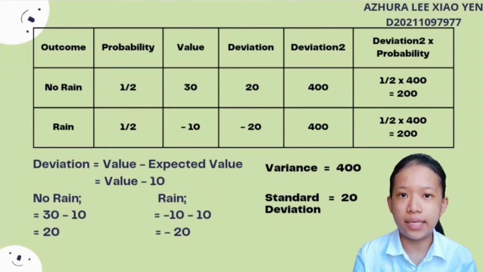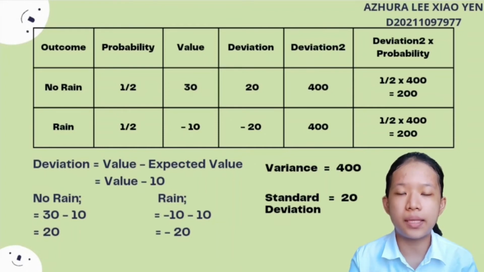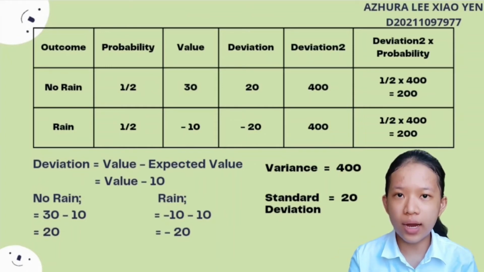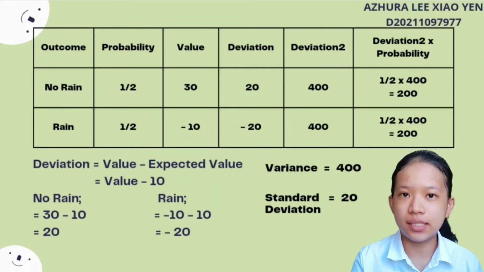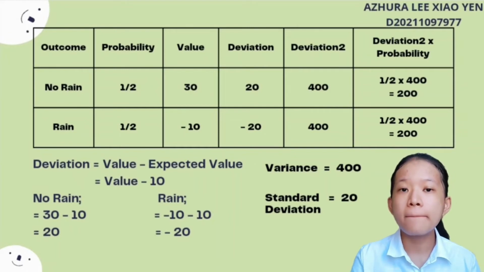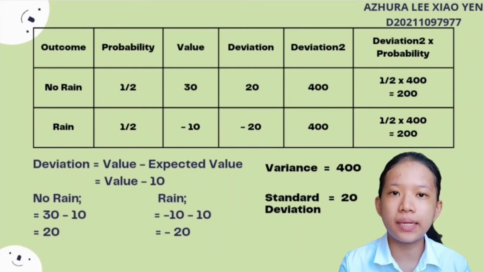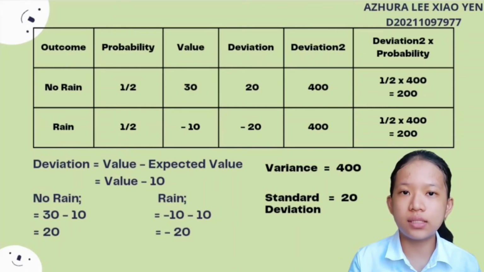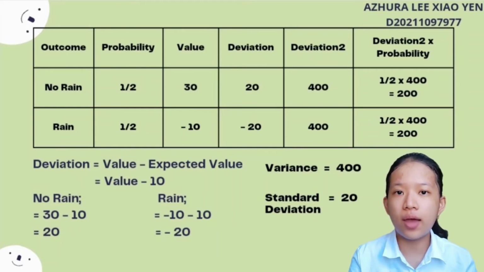The next column calculates the differences between value and the expected value, which is 30 minus 10 for no rain and negative 10 minus 10 for rain. The fifth column squares these differences, and the last multiplies these squared differences by the probability. The sum of these probability weighted differences, which is 400 ringgit, is the variance.